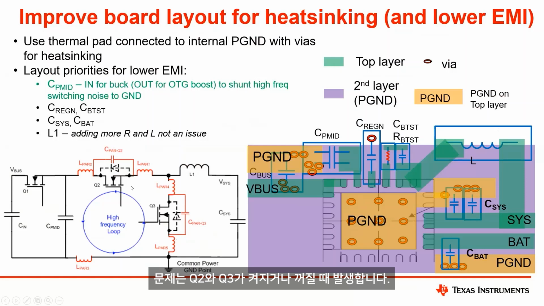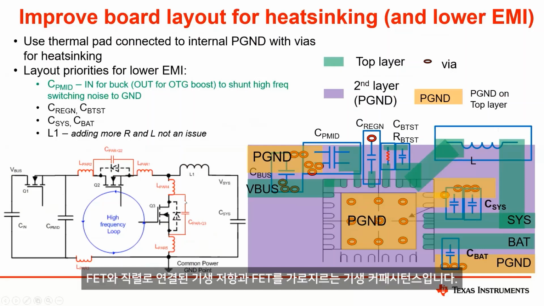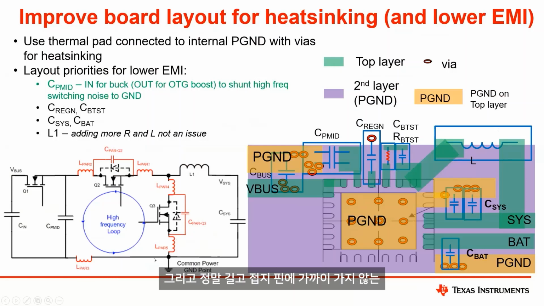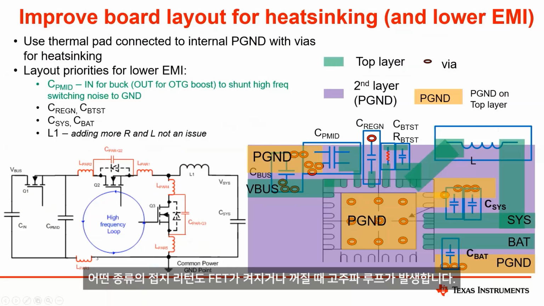So the problem comes in when those Q2 and Q3 are switching on and off, and any parasitic resistance in series with those FETs, and the parasitic capacitance that's across those FETs, and then any kind of ground return that's really long and doesn't go back close to the ground pin, that results in this high frequency loop when those FETs are turning on and off, and you end up with ringing because you have little LC tank circuits.